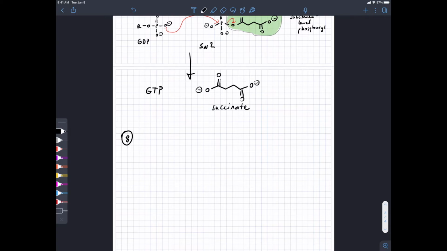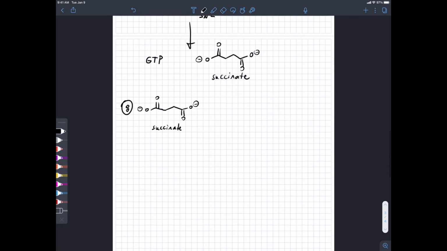Okay, so starting with succinate, we now want to oxidize the alpha carbon of succinate, one of the 2 equivalent alpha carbons, to get a ketone there, right? So the first step is going to be similar to something we saw in fatty acid synthesis.